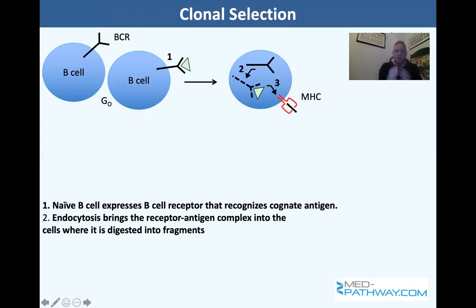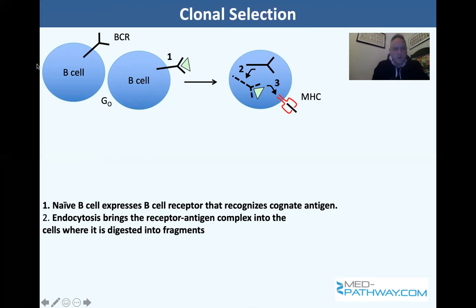And so there's numerous B cells, each one expressing its own unique B cell receptor. The B cell receptor is basically the antibody that recognizes the antigen, but the antibody stuck in the membrane. We'll see later that it can actually be secreted. So the B cell receptors that recognize the self have already all been selected against, okay, under normal circumstances.